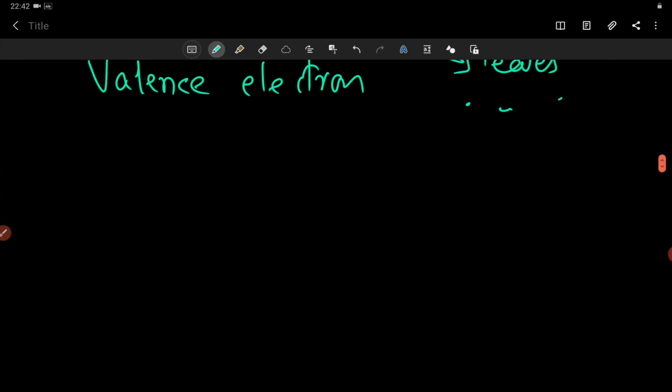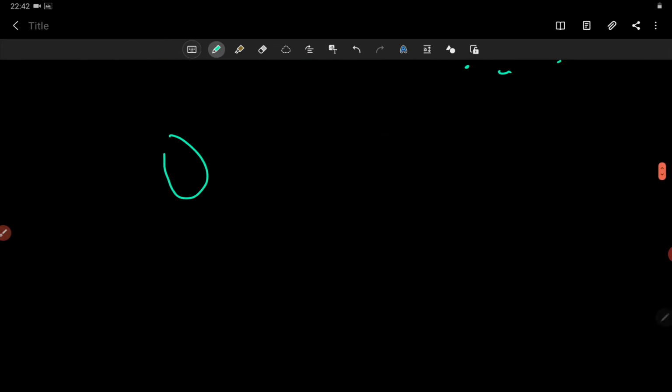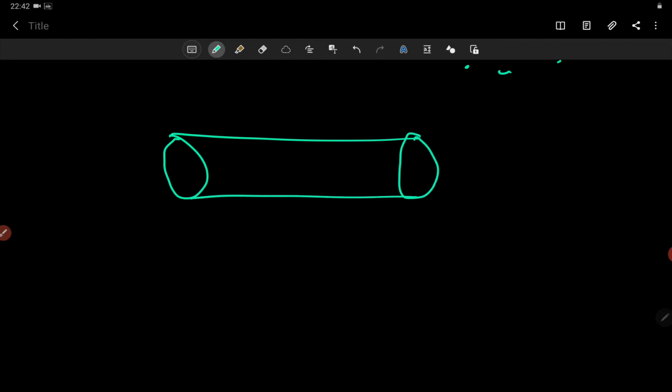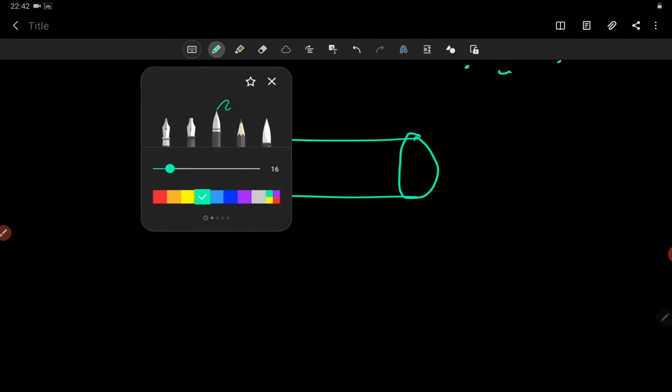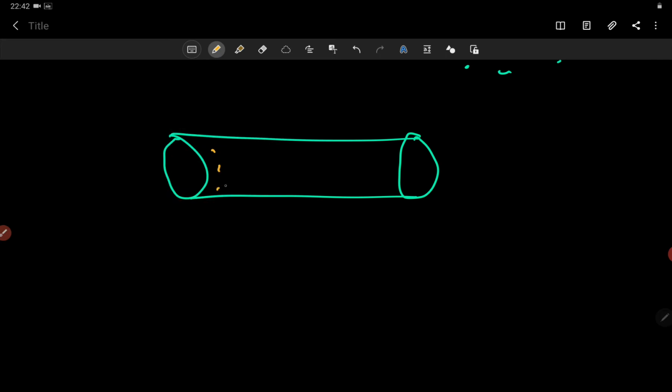Now let us consider one object, a wire. This wire is made of many atoms, but not all the atoms can hold their outermost electrons, so some of the electrons leave their valence shell and start moving freely.